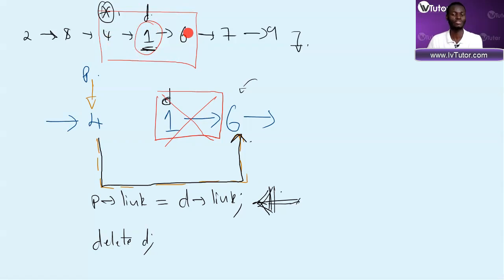So deleting a node is a 2-pointer job, okay? It requires 2 pointers to achieve. So now that we understand this part, deleting a node requires 2 pointers, the one sitting on the node we want to delete and another pointer sitting on the preceding node, which allows us to link the preceding node to the node after the one we want to delete.